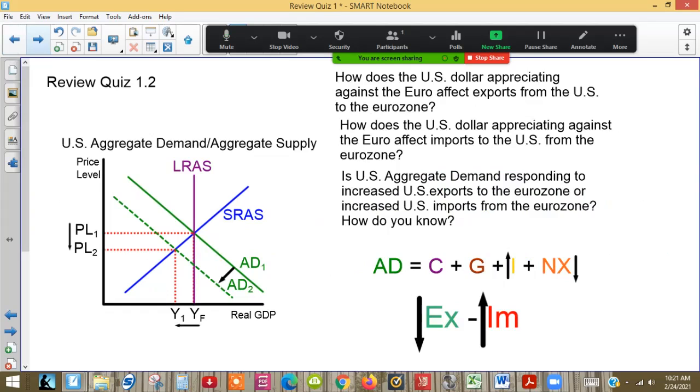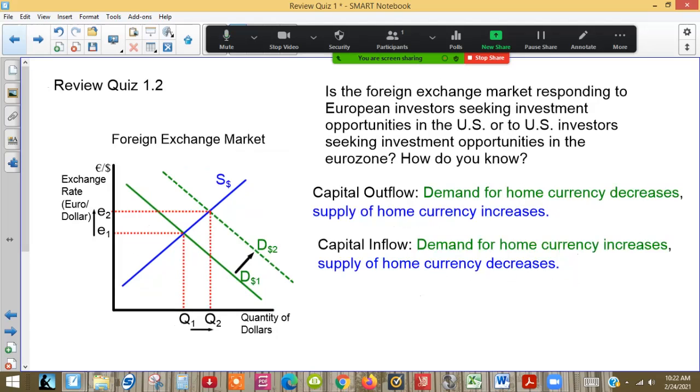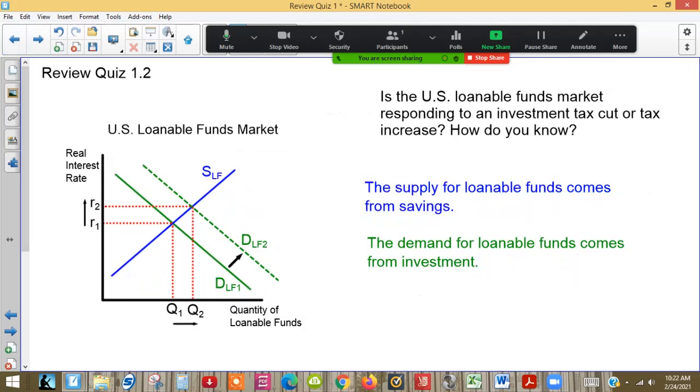Which means that if we look at the aggregate demand model, we see that it's consumption plus government spending plus domestic investment, which could actually go up, which we've seen before. This could happen because of the investment tax cut over here.